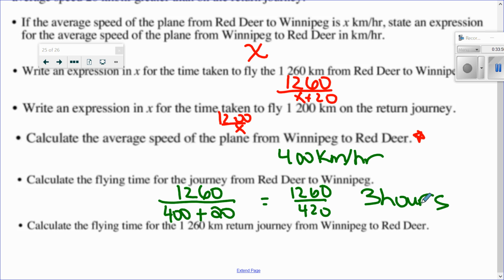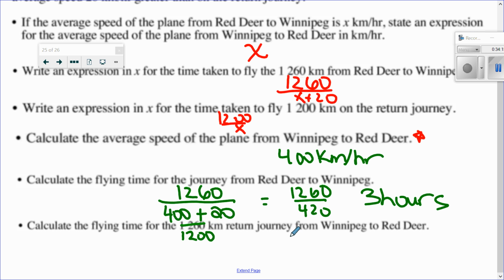Okay, and then it says calculate the flying time for the 1,260 kilometer return journey from Winnipeg to Red Deer. For that one, actually the return is the 1,200.